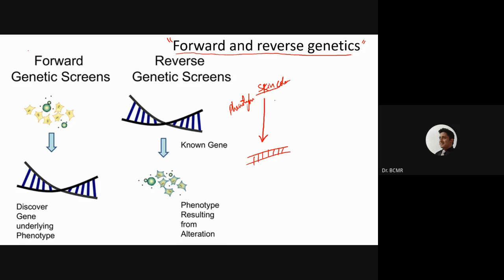Traditionally, that is what people did. They didn't have information about the gene, right? They only knew about the phenotypes. Now, in the last 100 years or so, we are much more aware of genes. So people observe phenotypes and then they try to find out the gene. So it is forward genetics.